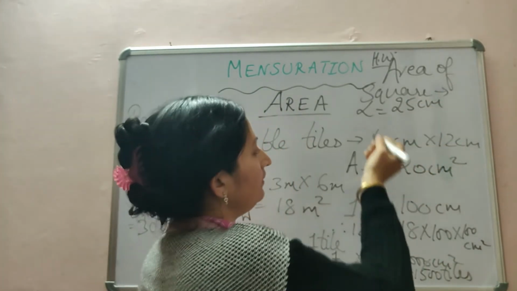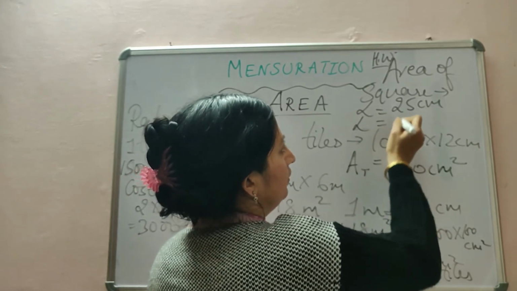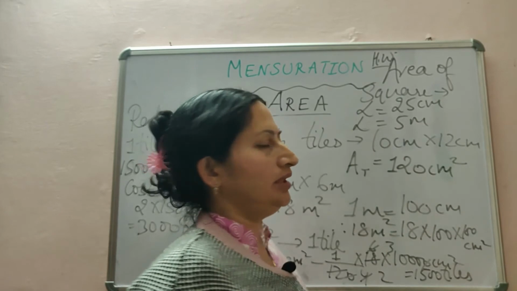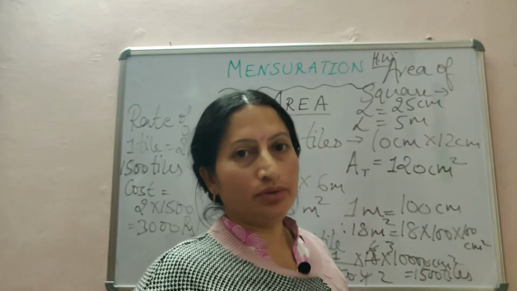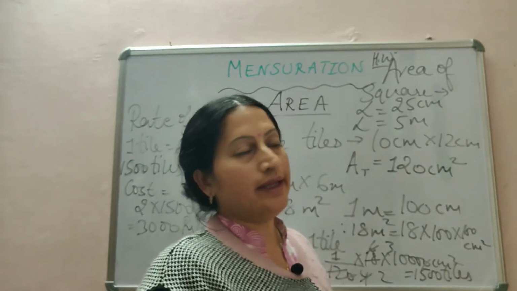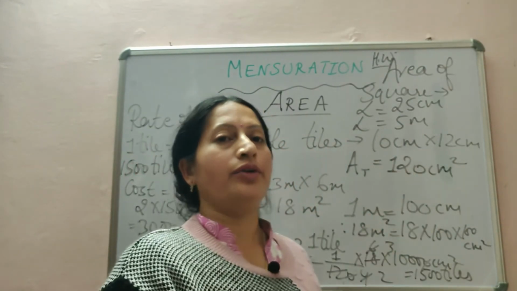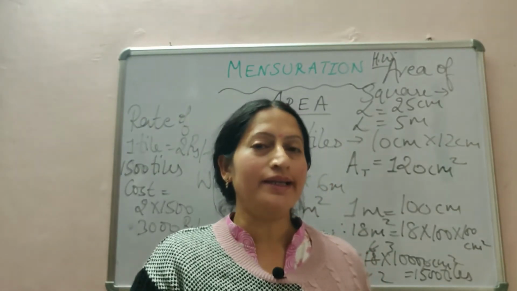Another one is there with length equal to 5 meter. So these are very simple questions which I have given you for homework. You have to find the area of a square with these lengths. Okay students, so I hope you will be able to do it properly.